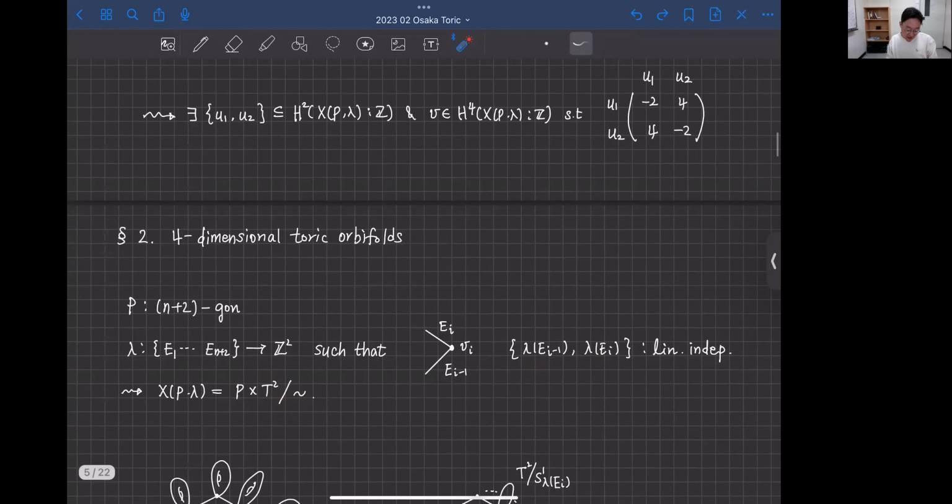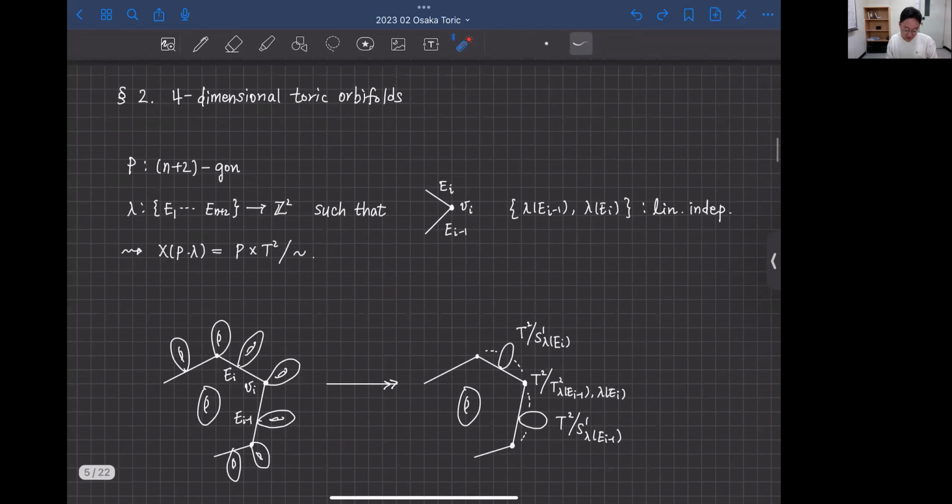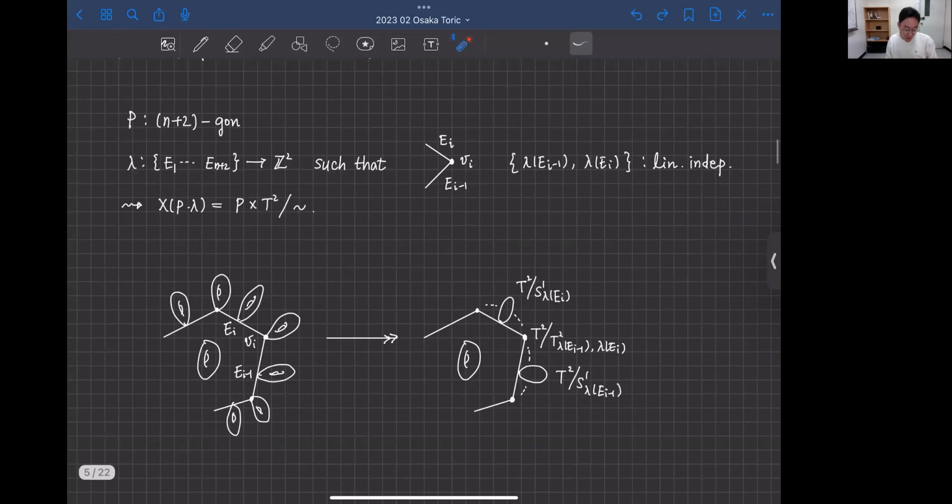In general, in order to explain this equivalence relation, I need to explain a little more notation, but luckily for the four-dimensional case, there's a nice pictorial description like this. First you think about the Cartesian product of just a polygon together with two-dimensional tori like this. Everywhere we have a torus, and then there's an equivalence relation.